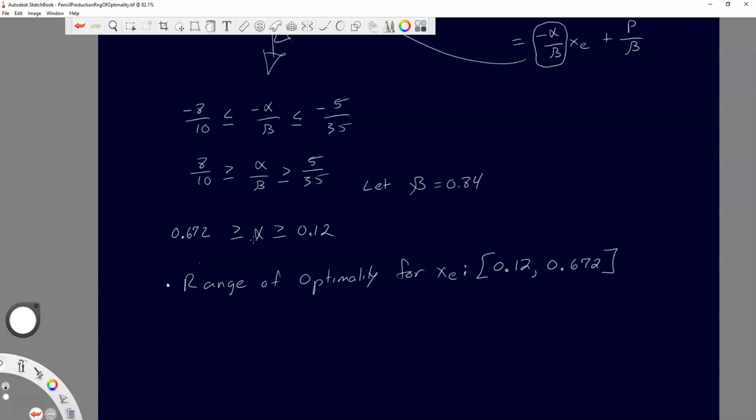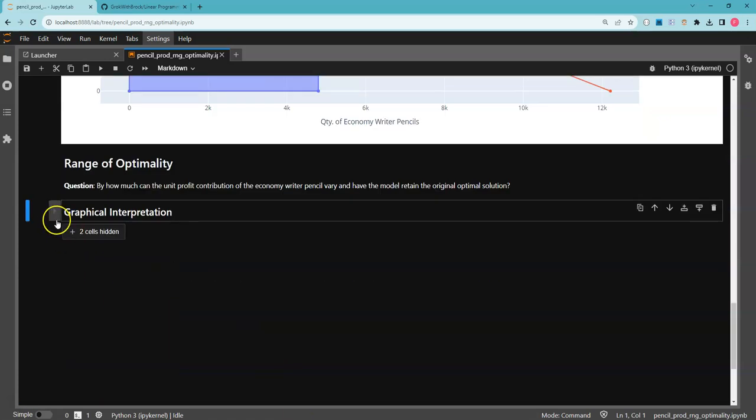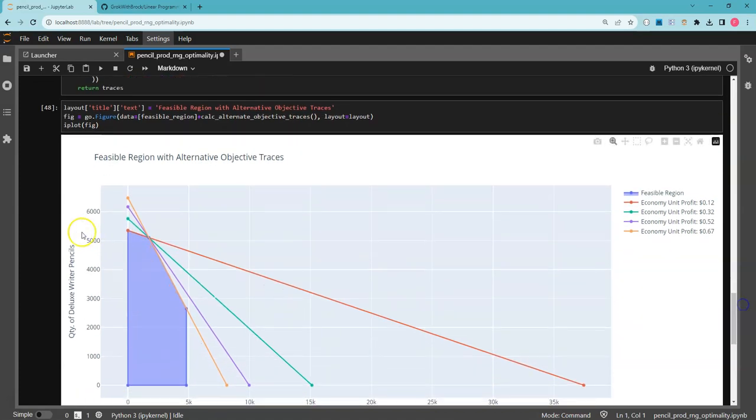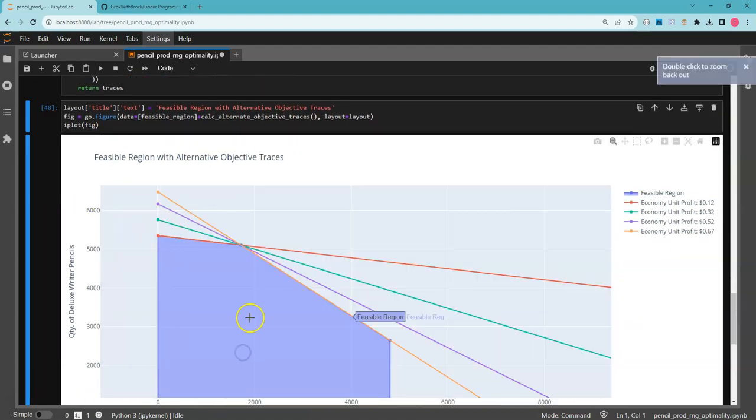And what that actually looks like, if we go back to the Jupyter Notebook graphically, is, again, what I talked about earlier, basically this idea of the objective function pivoting around that optimal solution point. And so that's what we have here. In this case, we've got 4 different values for that alpha coefficient, all the way from the 12 cents, which is basically the low end, up to the high side of 67 cents.